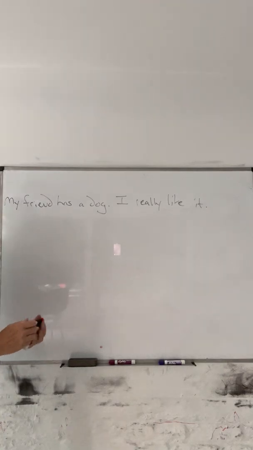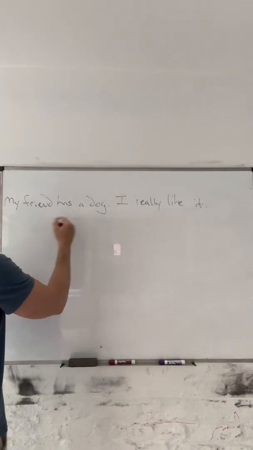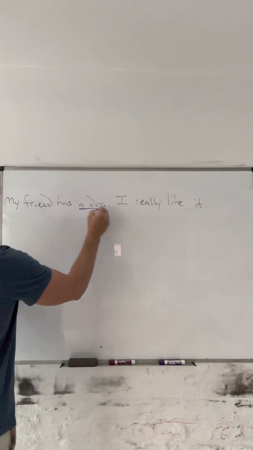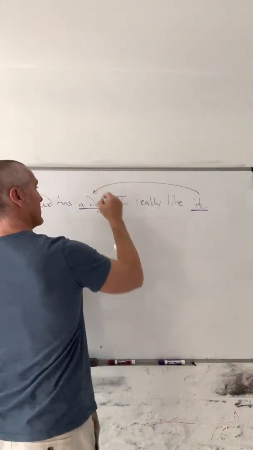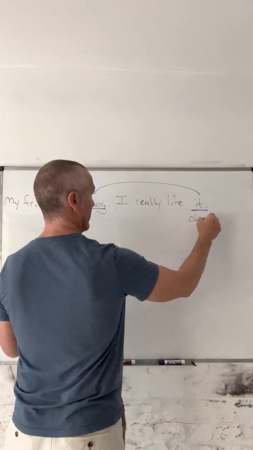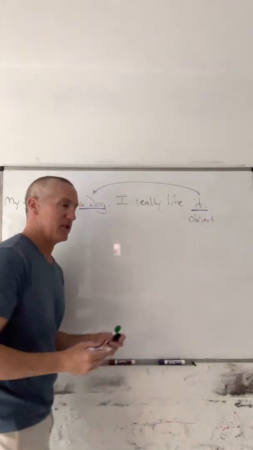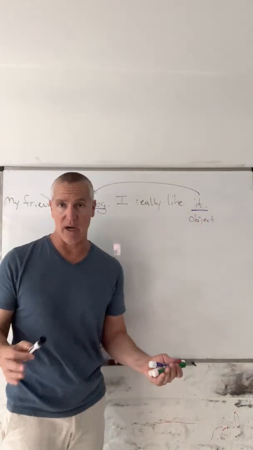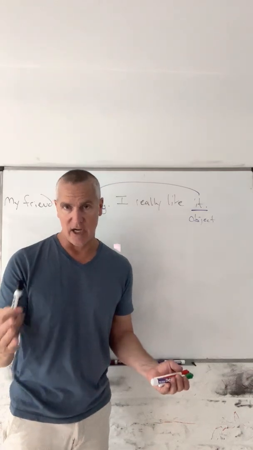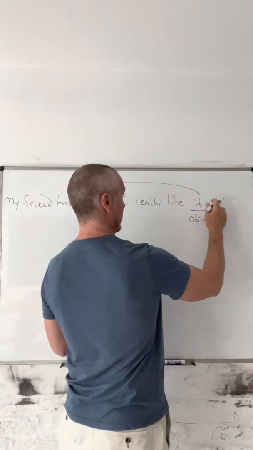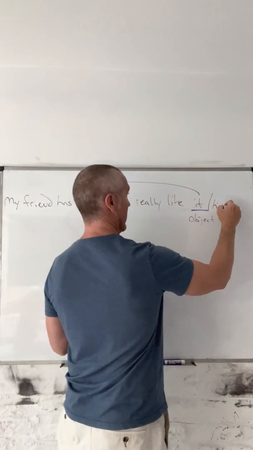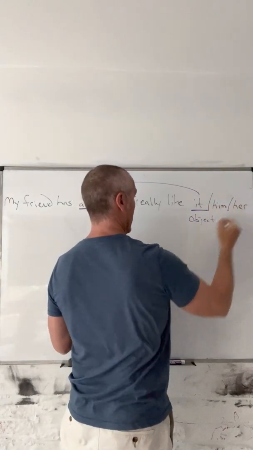And so in this case, we're modifying the noun dog, and it is the reference to dog, and of course that is in an object position. Now again, if we know the gender of the dog, we know the name of the dog, then it would be him or her.